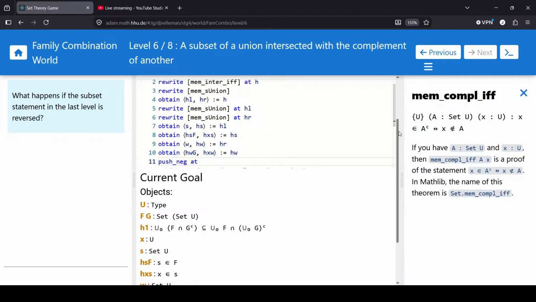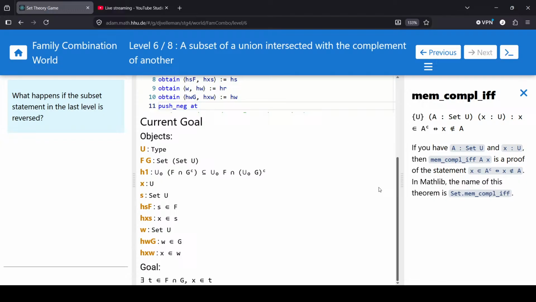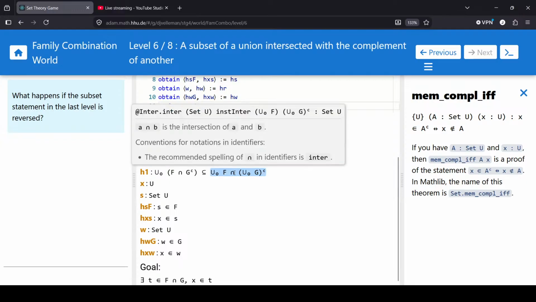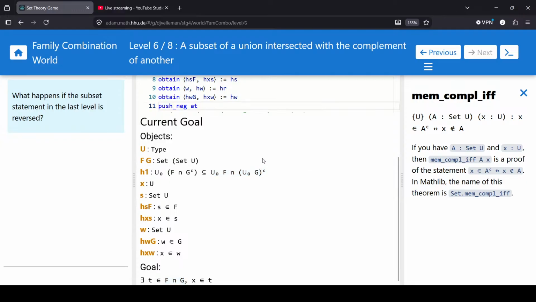H1 is literally just a function that takes something I can't possibly figure out how to produce, and a goal that I don't know how to massage my goal into. So that's cool. That's really cool. That's so cool.